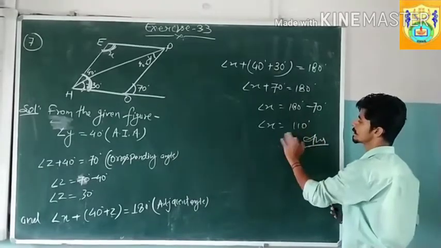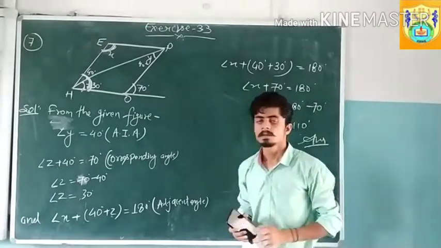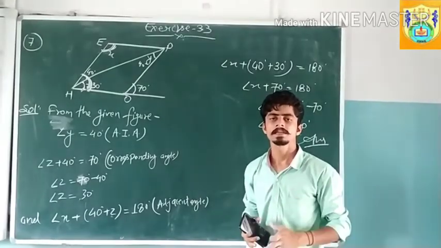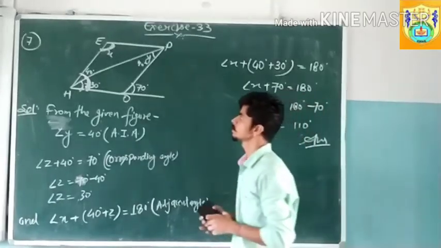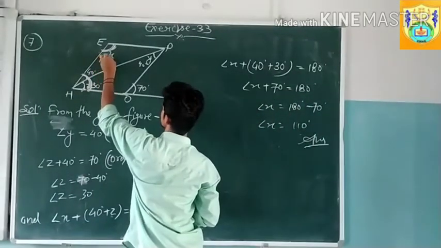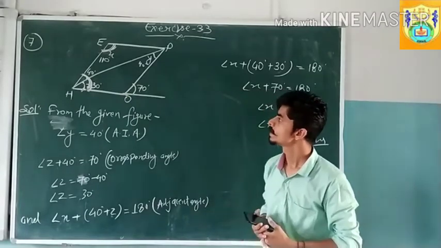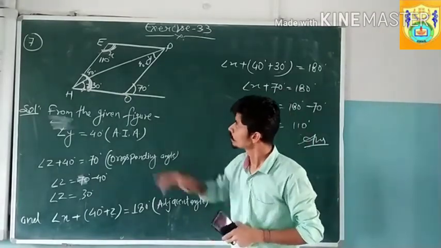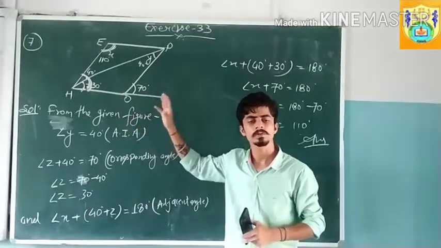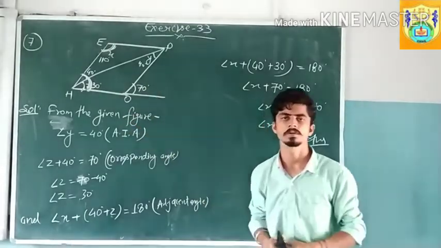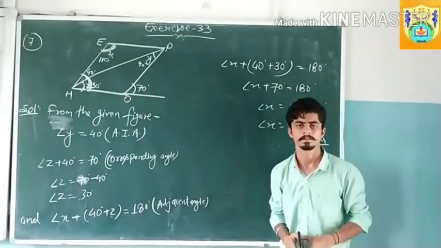We get 110. The measurement of angle x. So the measurement of angle x is 110. Hence x is equal to 110 degrees, y is equal to 40 degrees, and z is equal to 30 degrees. So that's all the solution of question number 7.